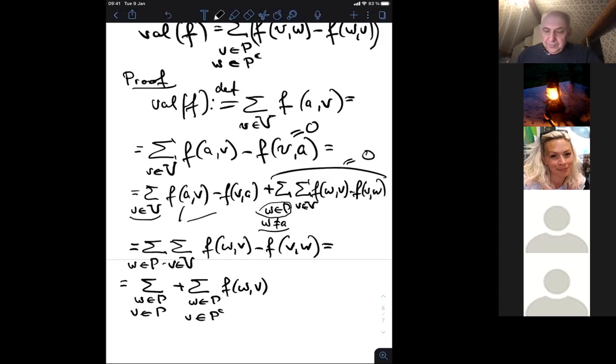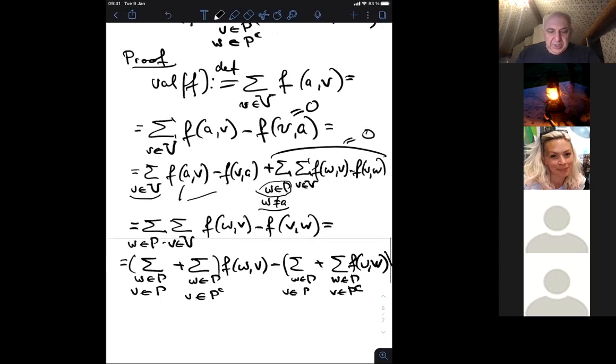And so this is one sum, and now we have similar terms with a minus sign: summation over V in P, W in P, plus the summation over W in P and V in P complement of f going the other way around. Now we see the two pieces cancel each other.